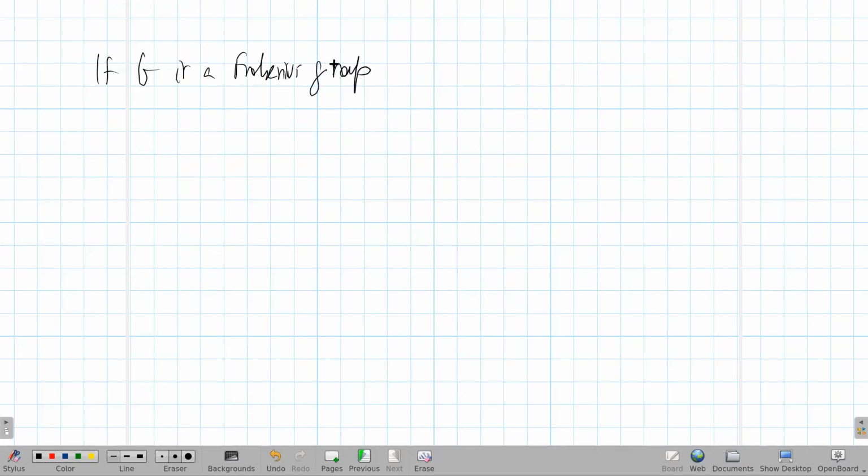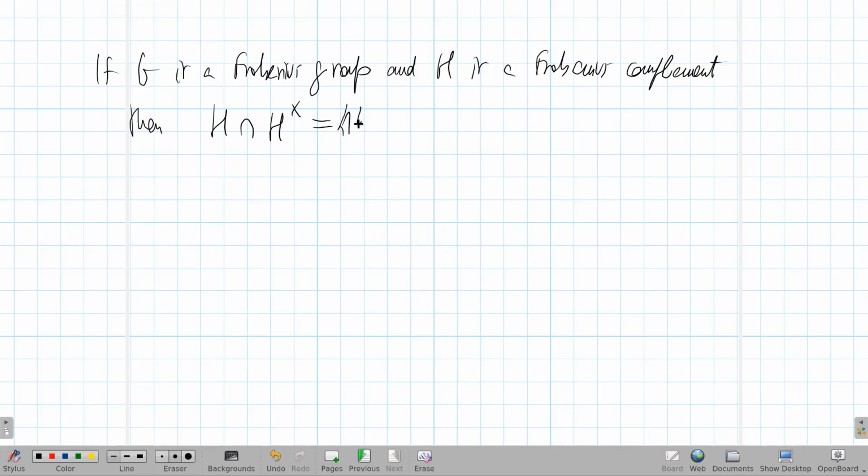So if G is a Frobenius group and H is a Frobenius complement, which means it's a one-point stabilizer, then we have that H intersect Hx equals 1 for x not in H, okay? And the reason is what we have just seen.